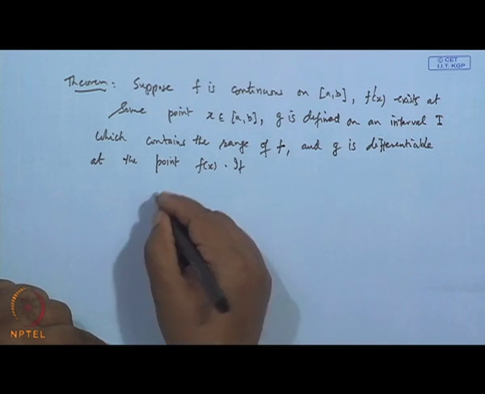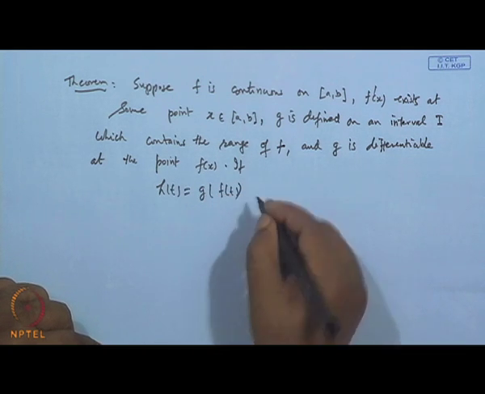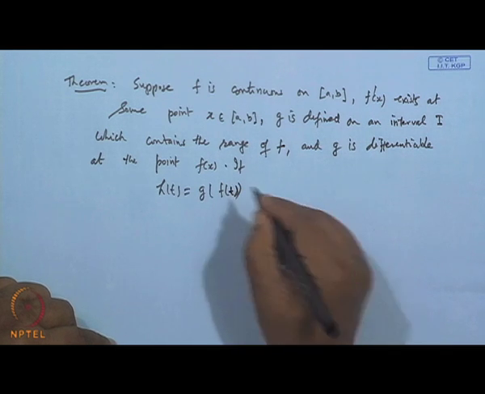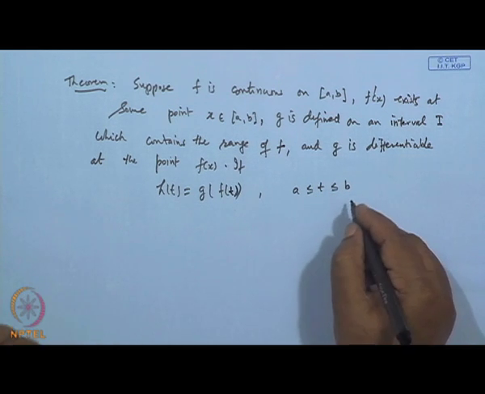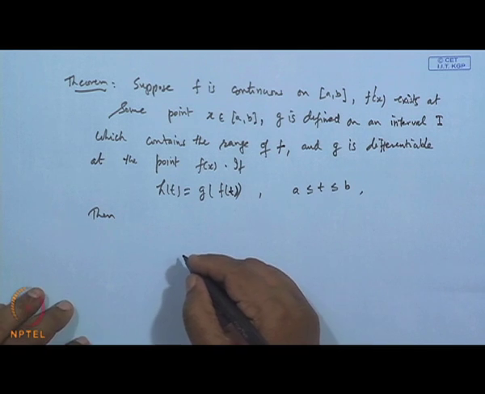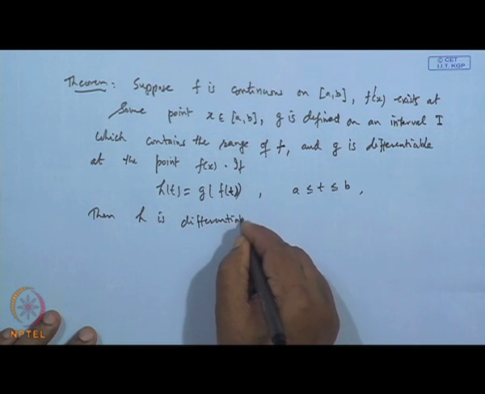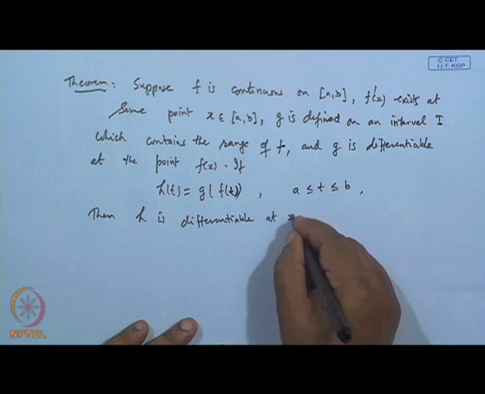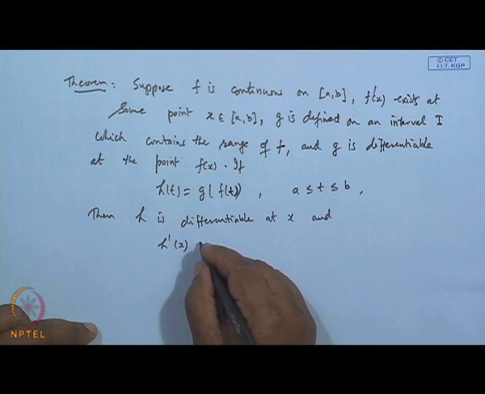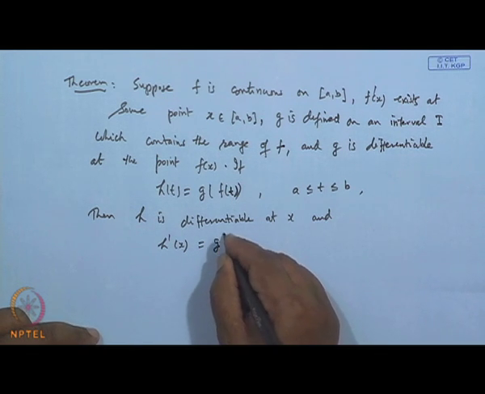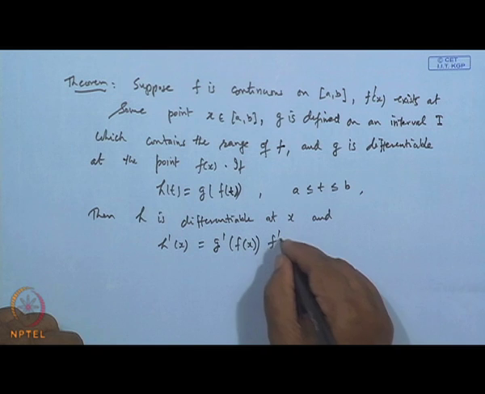Now, if h(t) equals g(f(t)) for t lying between a and b, then h is differentiable at x, and the derivative of this is equal to the derivative of g at f(x), times the derivative of f with respect to x.